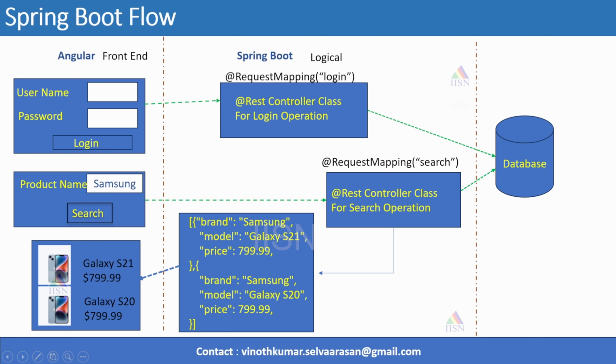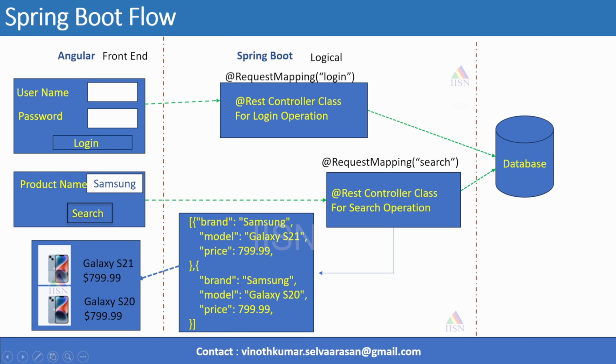To make an endpoint for this particular class, we are going to use @RequestMapping. So it is going to call /login to perform the login operation. Once it retrieves the data, it checks whether the user is a valid user in the database. In case the credentials are present in the database, it gives the information to Angular that the user is a valid user.